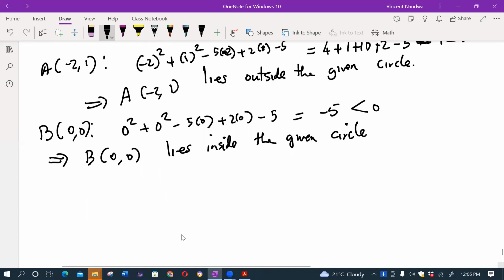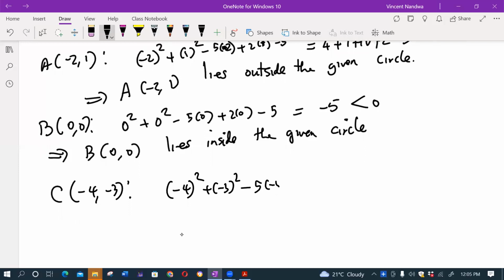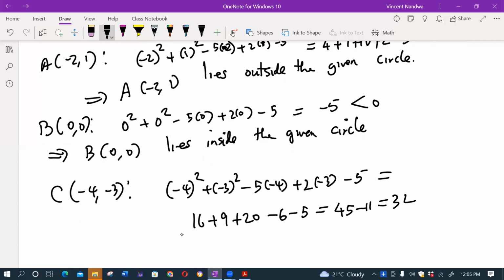And then C is minus 4, minus 3. So minus 4 squared plus minus 3 squared minus 5 times minus 4 plus 2 times minus 3 minus 5 will give you 16 plus 9 plus 20 minus 6 minus 5, which is 45 minus 11, which is 34.